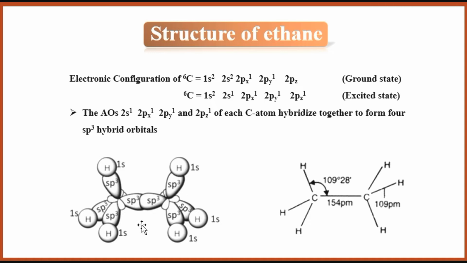The 7th sigma bond would be formed between carbon-carbon, and that would be the result of the overlapping of sp3 hybrid orbitals of both carbon atoms, as shown here. And the simplified line structure would indicate that the HCC bond angle would still be 109.28 degrees, and any HCH bond angle would also be 109.28 degrees.